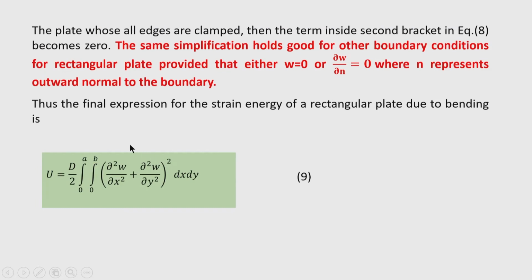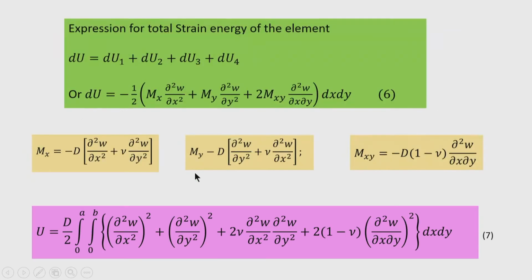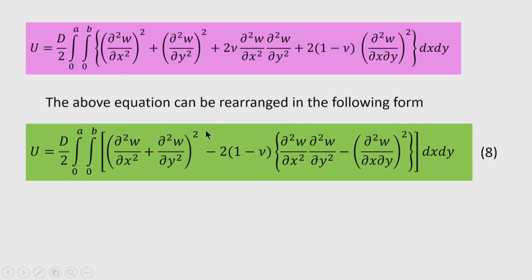So, strain energy for the plate which has all the edges supported can be written as U is equal to D by 2 integration. Why the integration is required? Because this expression was only for one element. So, after integrating we get the strain energy for the entire plate, that is the entire domain we used to integrate, 0 to a, 0 to b, at the limits of the plate.